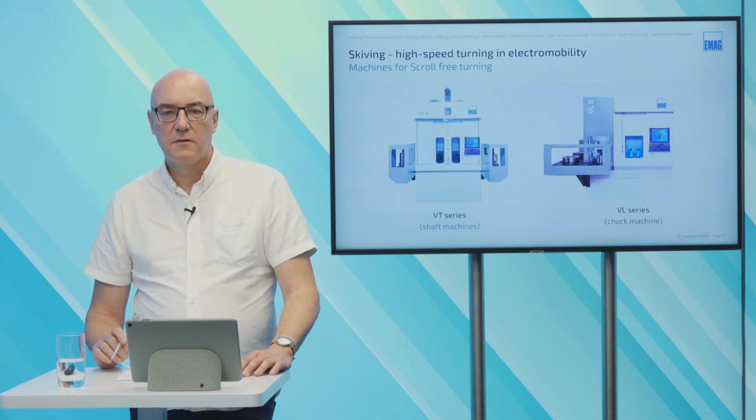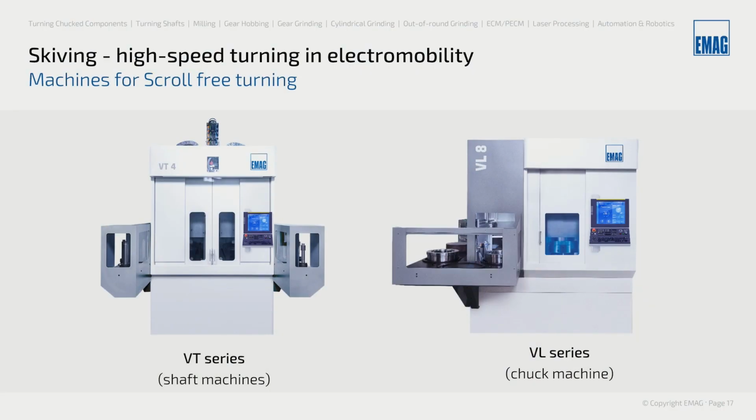So, have a look at the machines we use for the skiving process. We have seen mostly required in shaft machines, so we have the VT2 or VT4, 2 different sizes of the shaft machine. And VT2 or 4 is equipped with a Fanuc control unit.